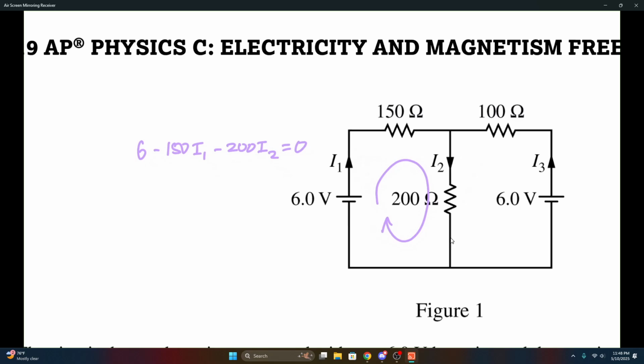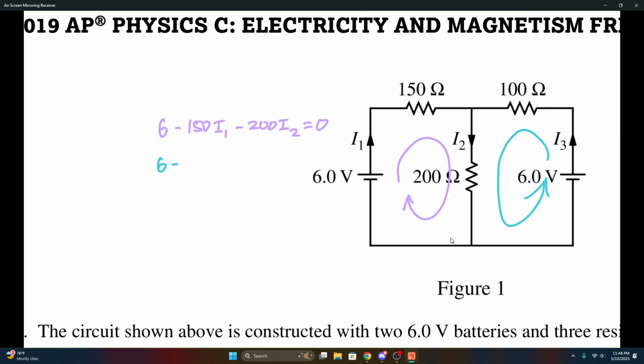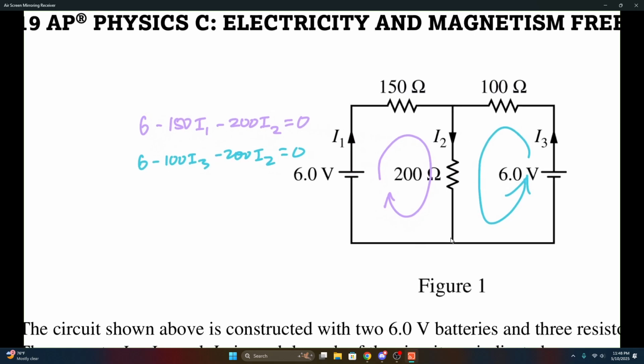Let's do this loop next, this way, because there's a positive terminal. 6 minus 100 I3, minus 200 I2 equals 0. And then we can't use the third loop because that's just a rearranged version of the first two.